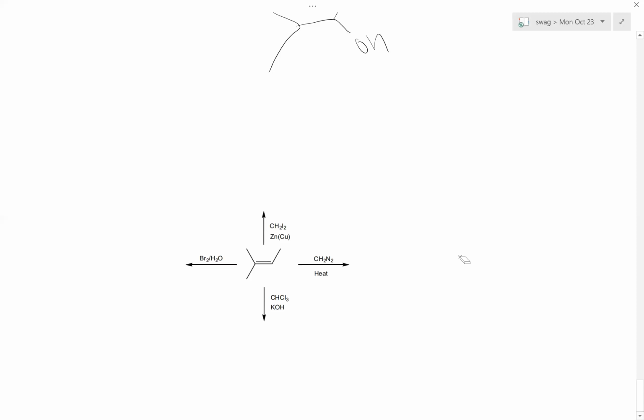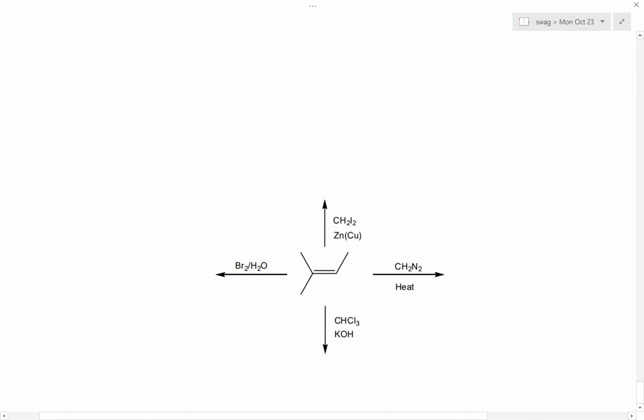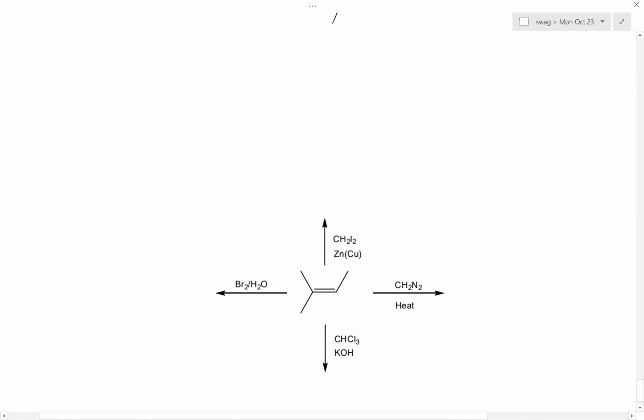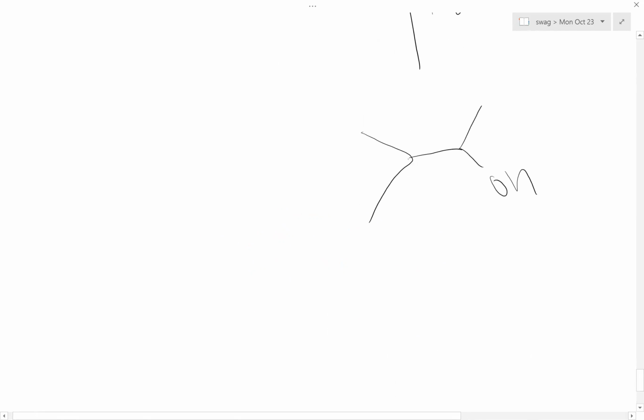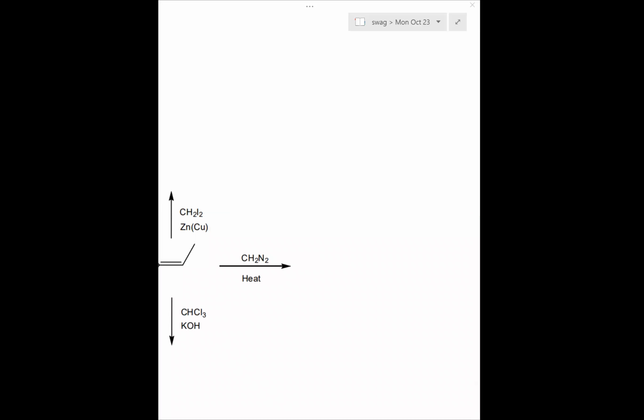All right. So now we have CH2I2 and zinc-copper. What do we say this does? Try to remember without cheating. Remember? This one gives you a cyclopropane.